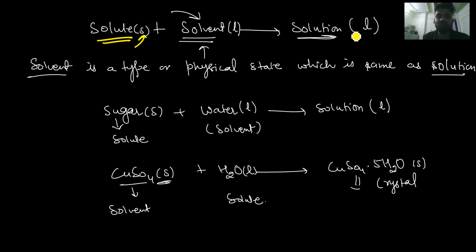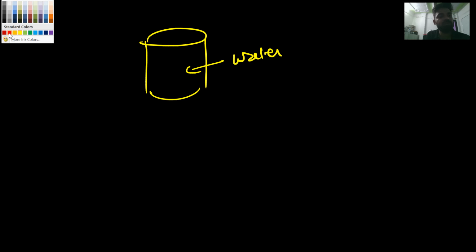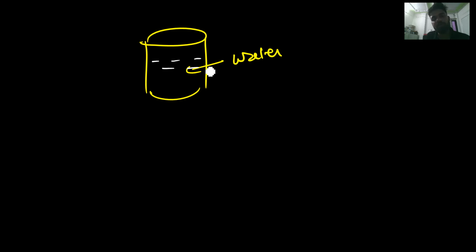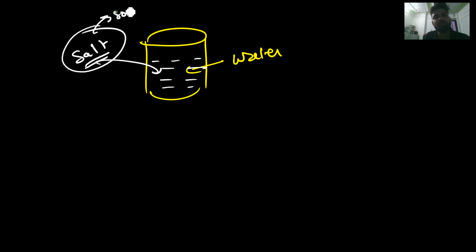Let me explain. You are very much familiar with this: you have water, and let's suppose you mix salt into it. You know that salt is the solute and water is the solvent.